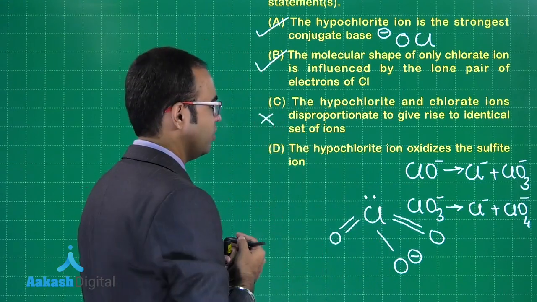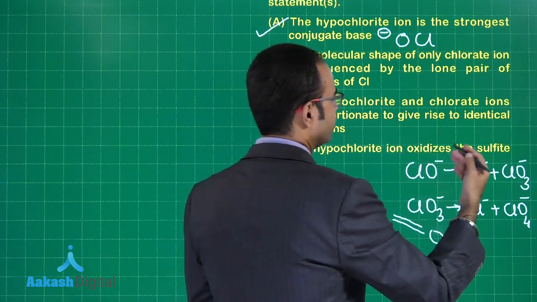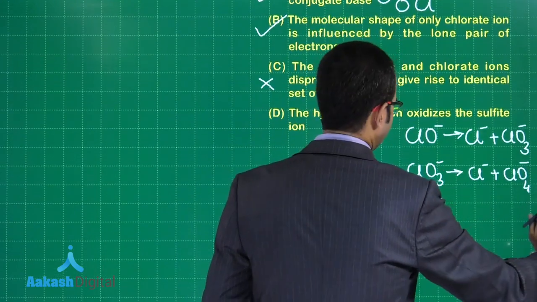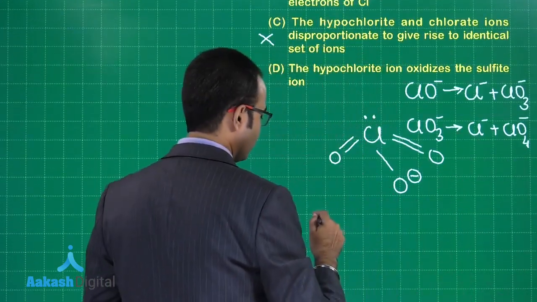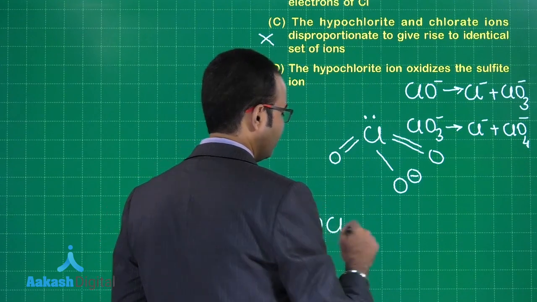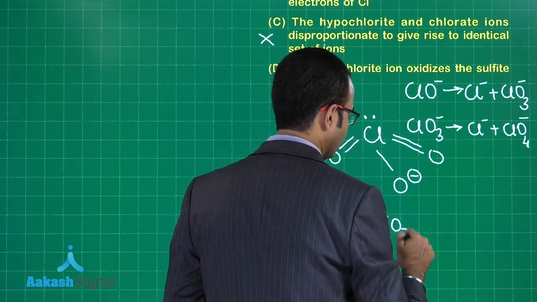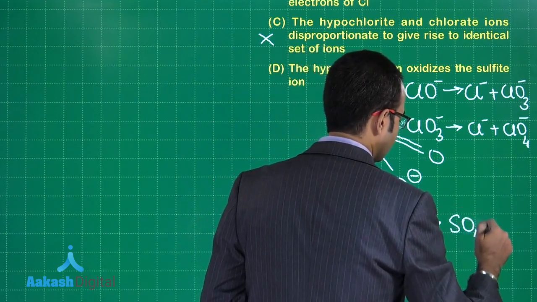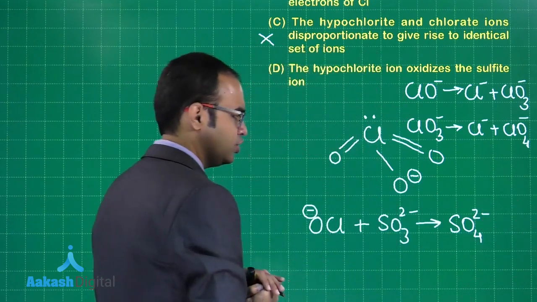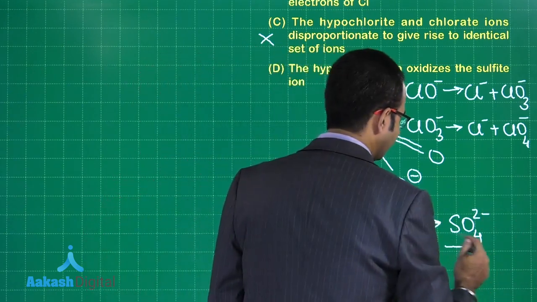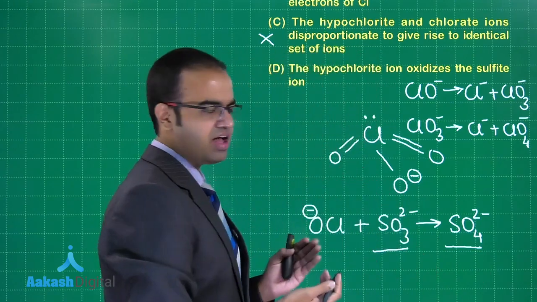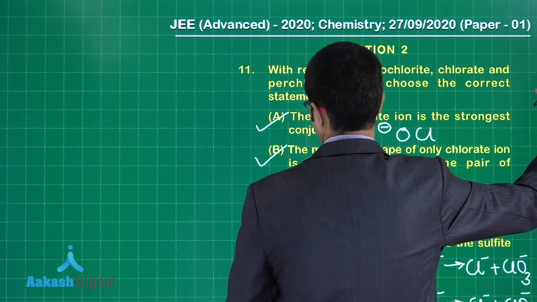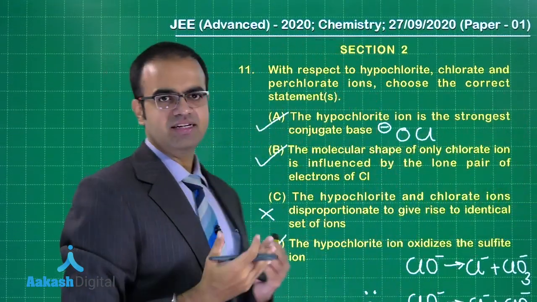So C is wrong. Hypochlorite ion oxidizes the sulfite ion. Yes, that is correct. If you take hypochlorite ion with sulfite ion, that is SO3 2 minus, this will give you SO4 2 minus, guys. So it oxidizes sulfite ion. So D is also correct, guys. So the correct answer to this question is A, B and D, guys.